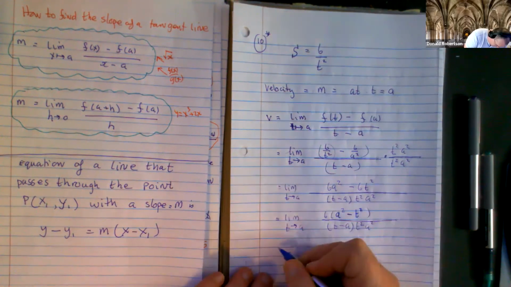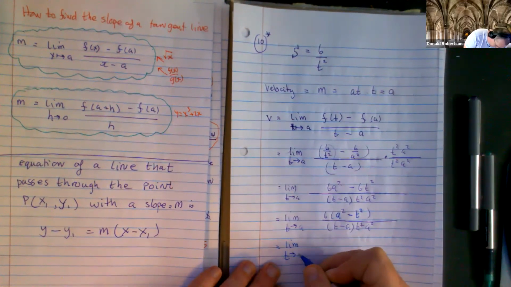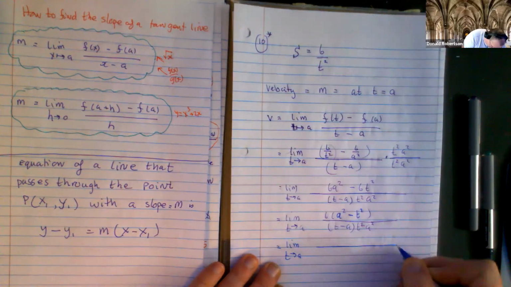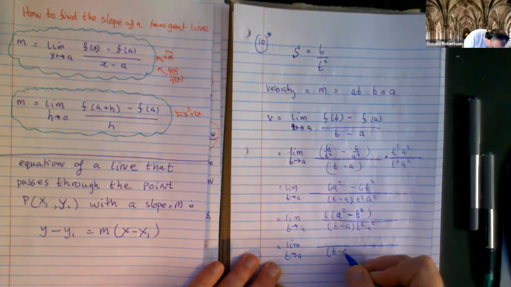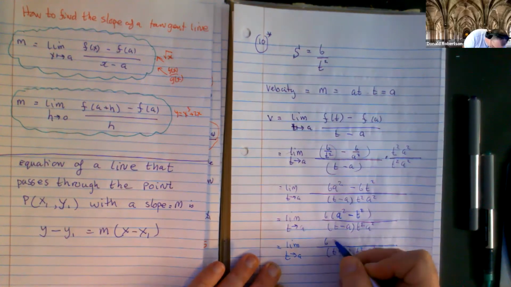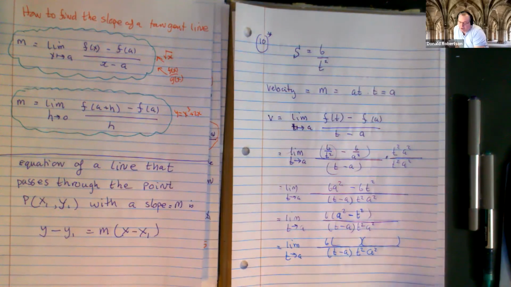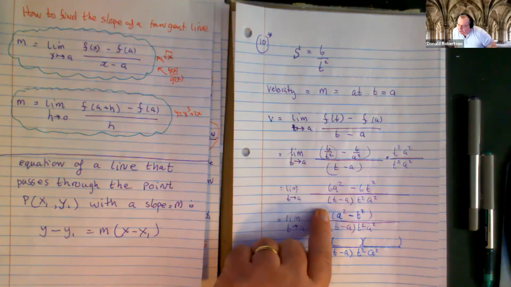Good start. Do you recognize that a squared take away t squared is called a difference of two squares? That's what we call a squared minus t squared.